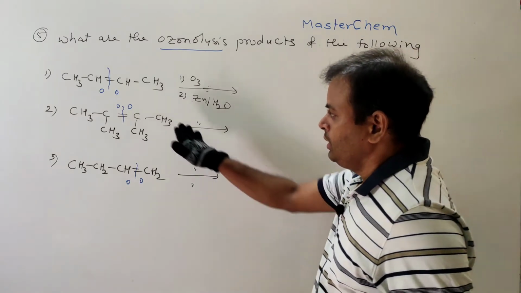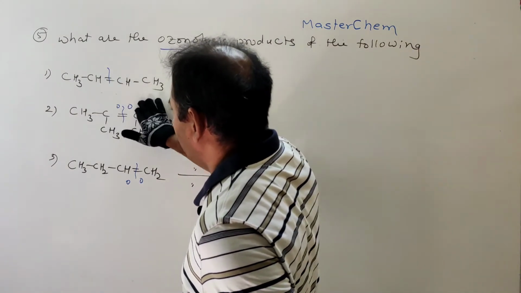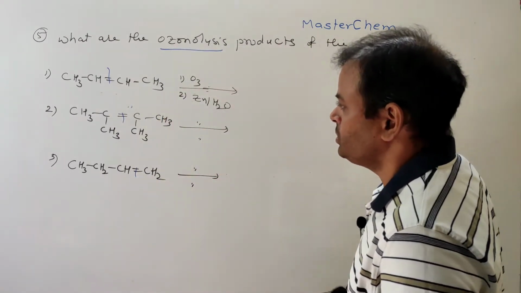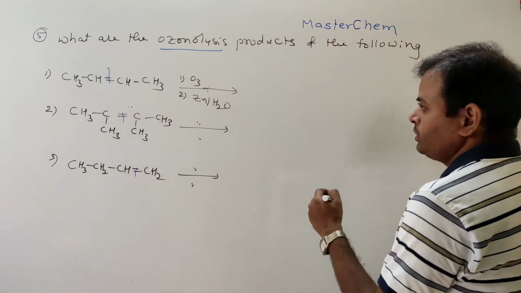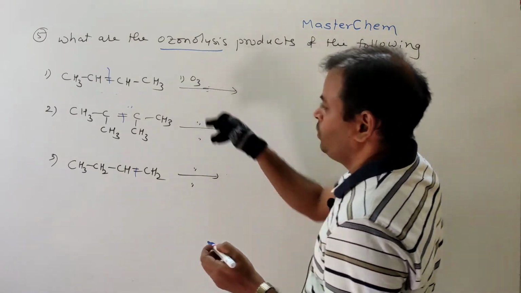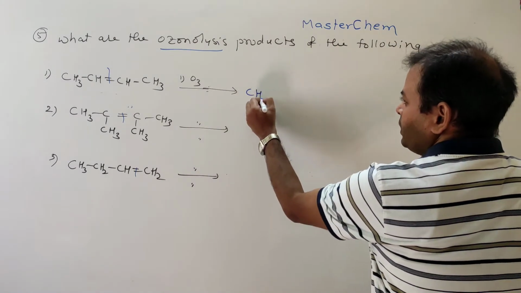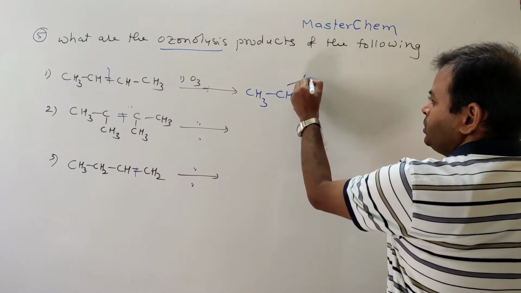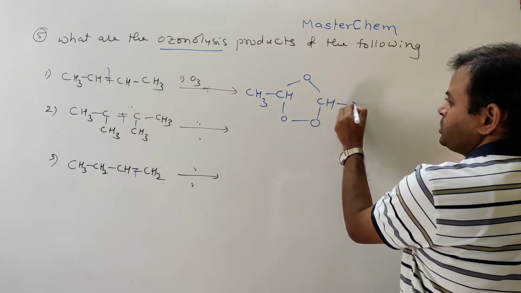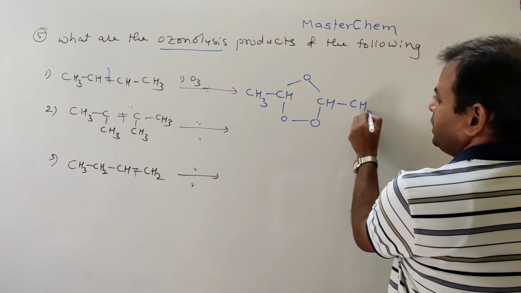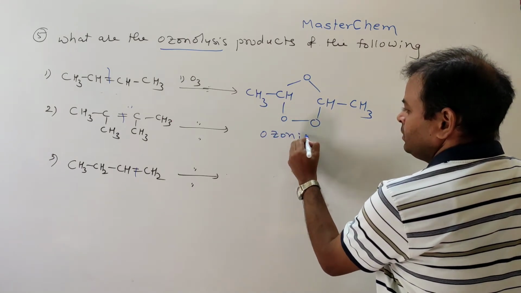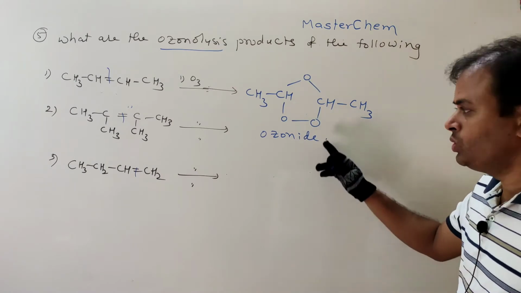Now in the theoretical way, how to write the ozonolysis products? For the first reaction, CH3CH=CHCH3, first O3. In the presence of O3, what does it give? The corresponding ozonide.